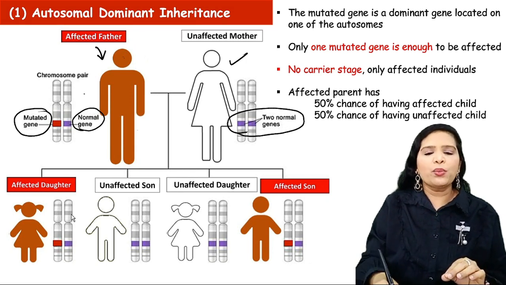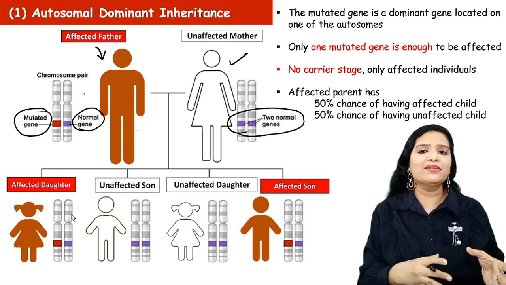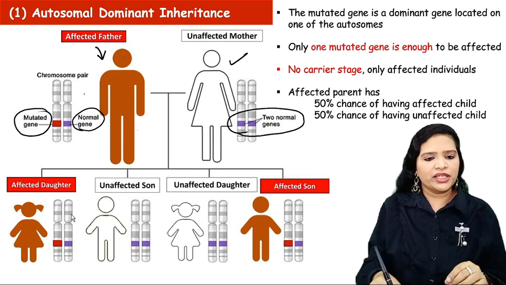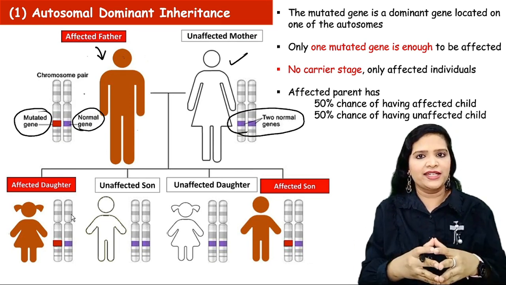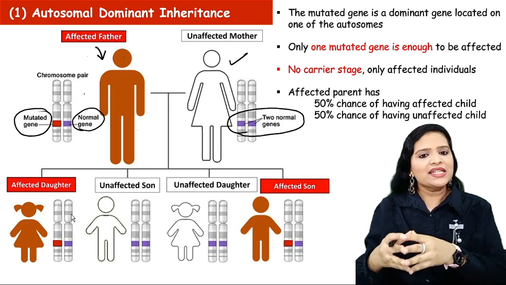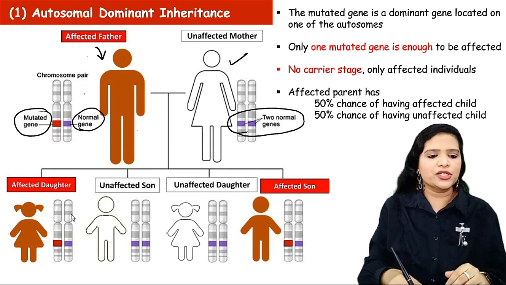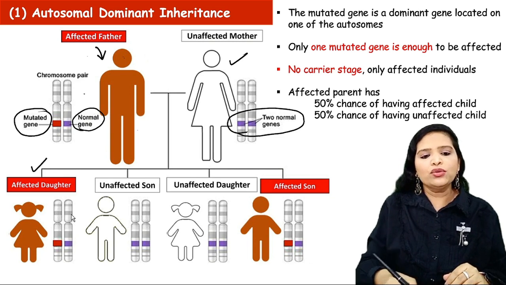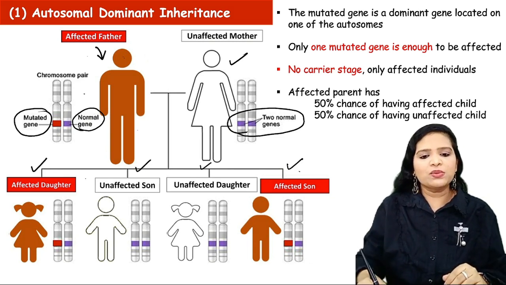When they marry, what about their offspring? Will they have the disease or not? If a father with autosomal dominant inheritance marries a normal unaffected mother, the offspring will be of this combination: 2 out of the 4 kids will be affected and 2 kids will be unaffected.